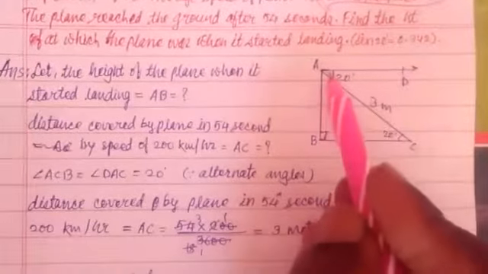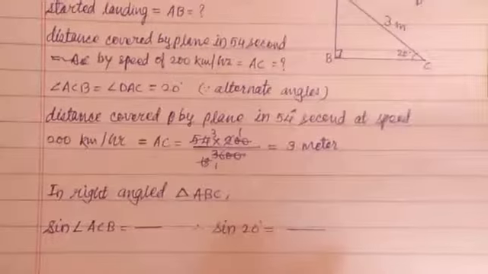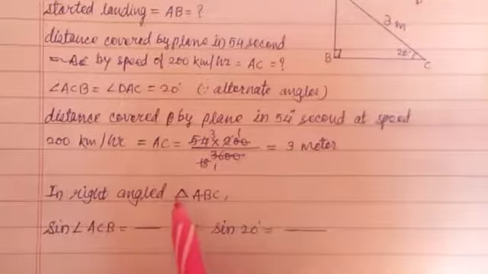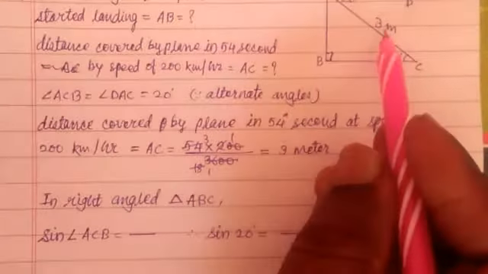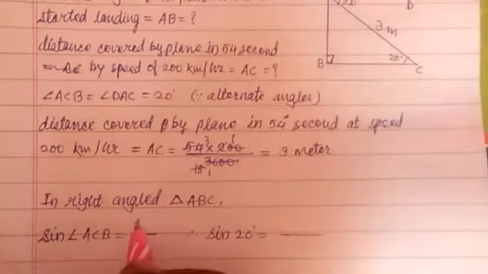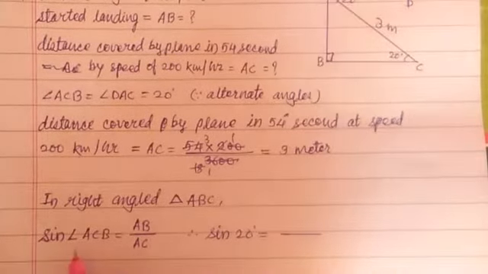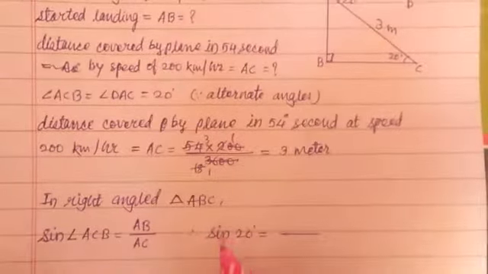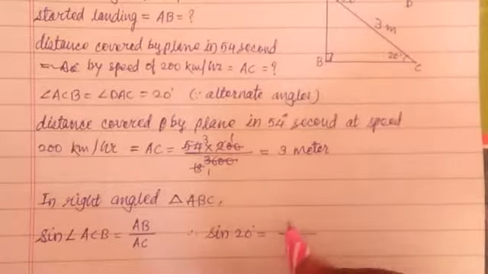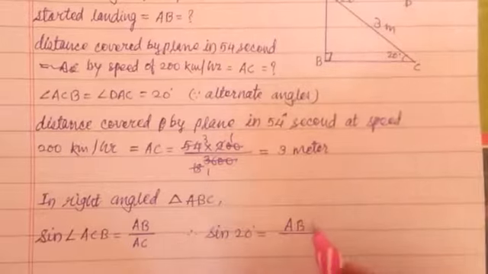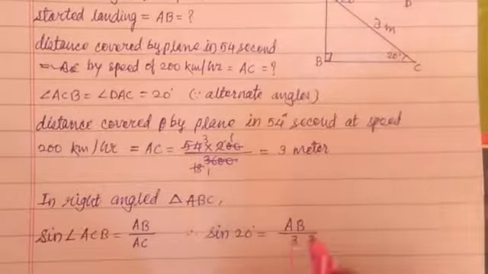Now in this right angle triangle ABC, sin 20 is equal to opposite side upon hypotenuse means AB upon AC, and hence sin 20 degree is equal to AB is not given, AB upon AC, AC is 3.